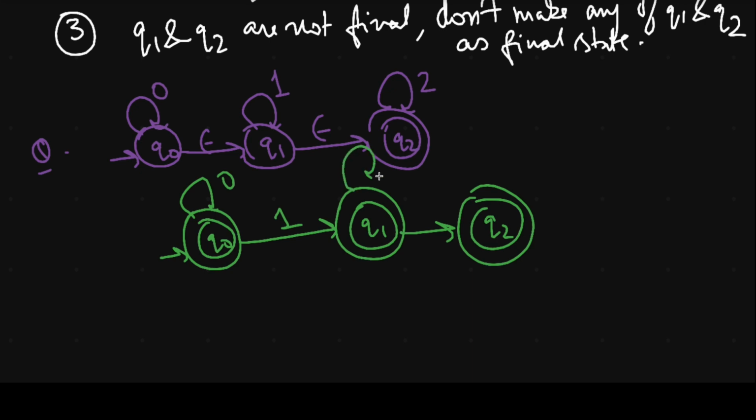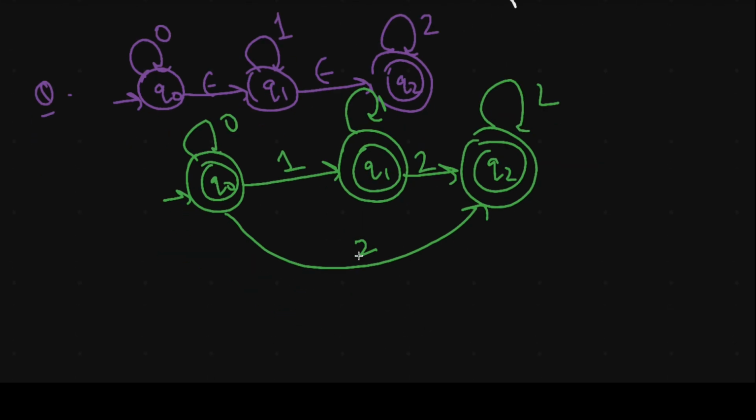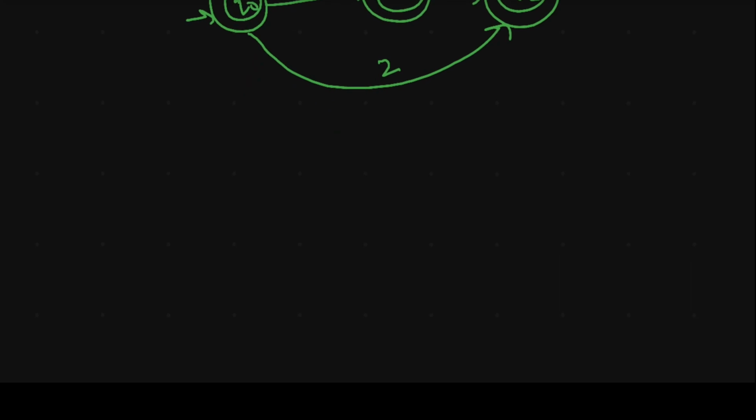So on 1 it will remain here, on 2 it will remain here. On 2 it will go to Q2 also, because we have to reach all of them from the initial state. Similarly, from Q0 also we will go to Q2 on 2. So this is how we eliminate the null move here. Okay, got it? Let's do one more question.